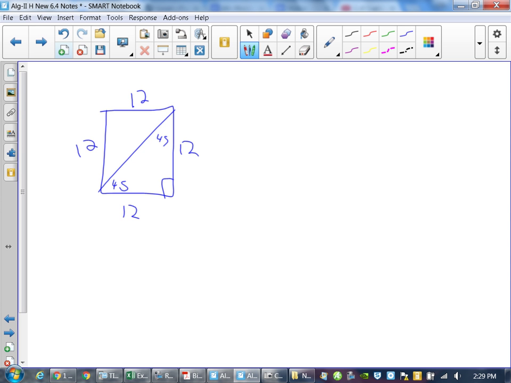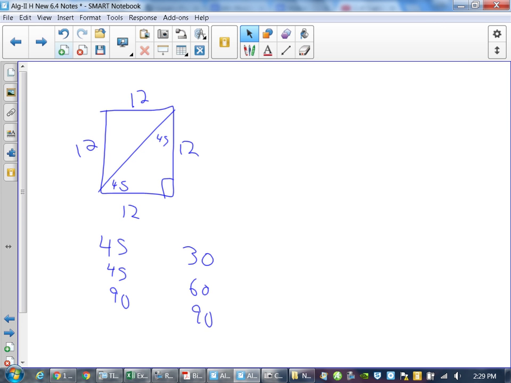One of the most important things you learned last year. Just so you guys know, those two triangles, you are going to absolutely love them.